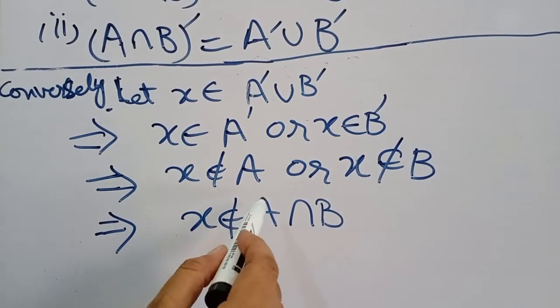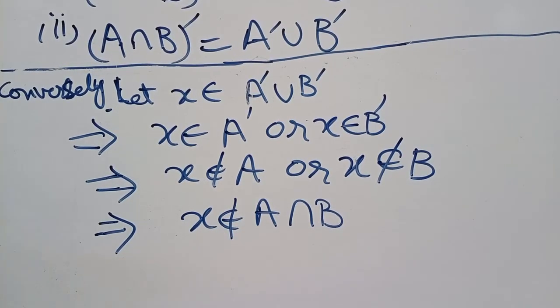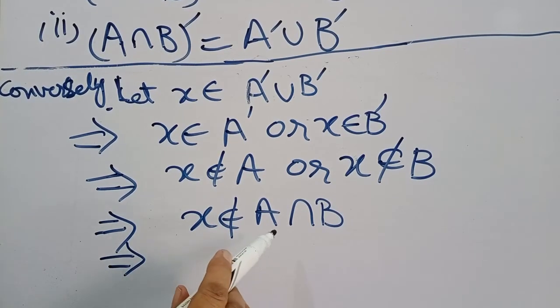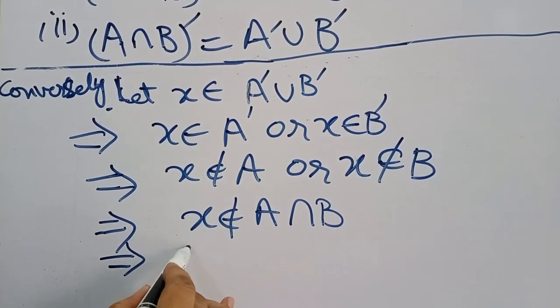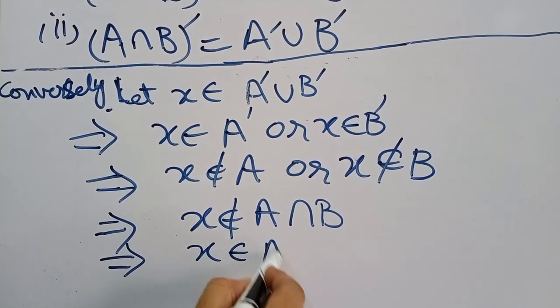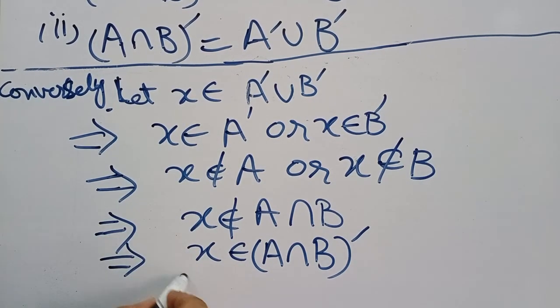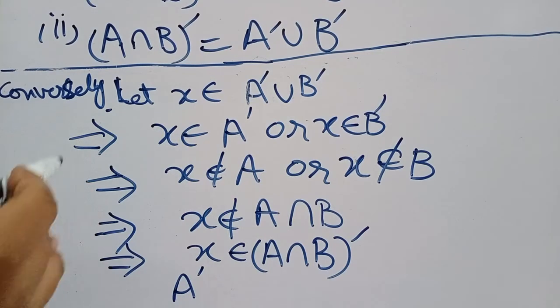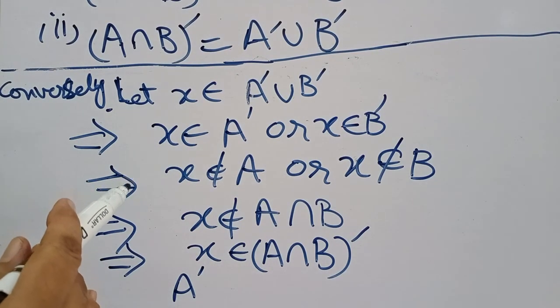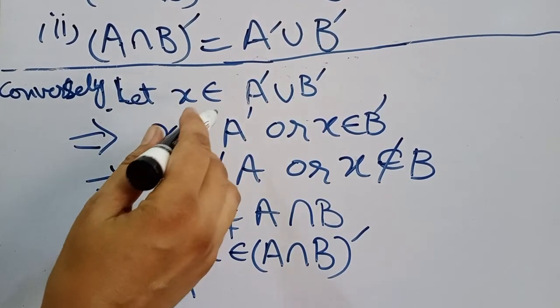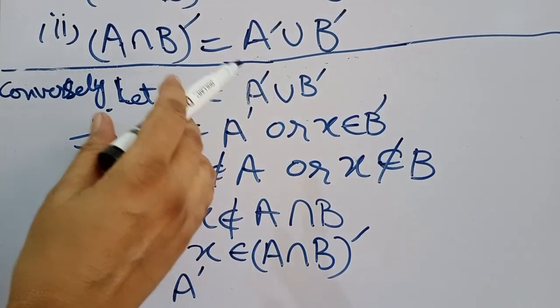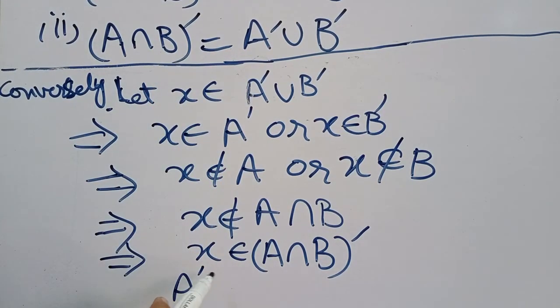and since x is not a member of A intersection B, it must be an element of (A intersection B) whole complement. And this way we observe that x is a member of A complement union B complement, and x is an element of (A intersection B) whole complement.